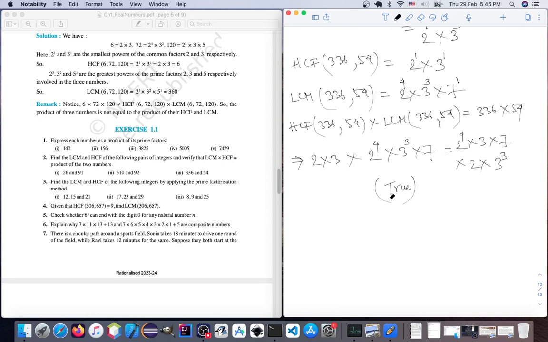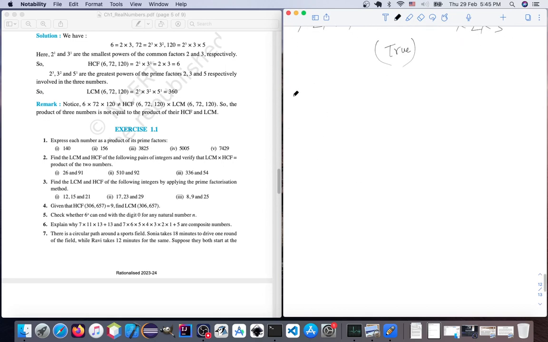Okay. Now, problem number 3. It is asking to find LCM and HCF of the three numbers by applying the prime factorization method. Okay.